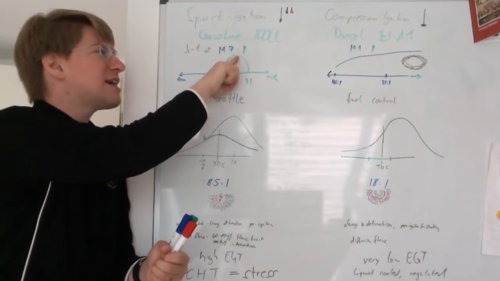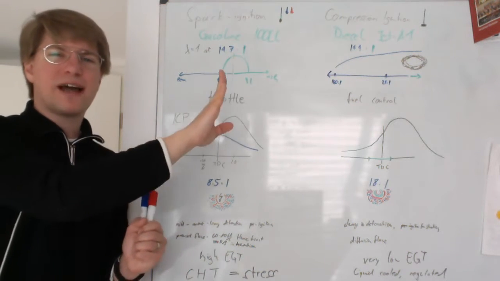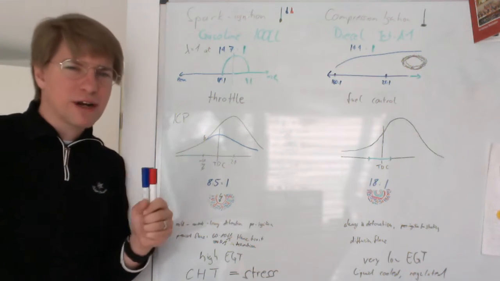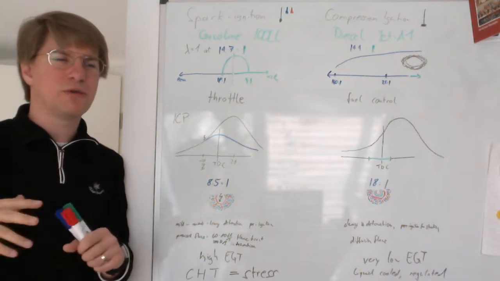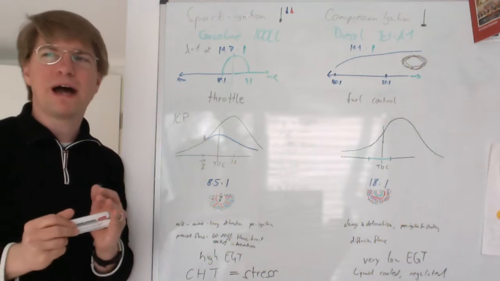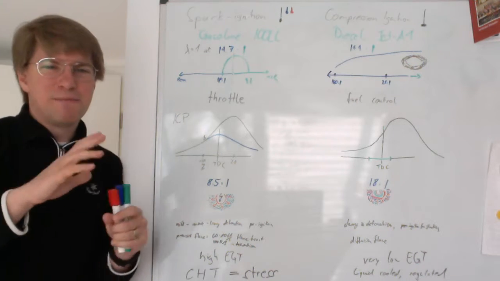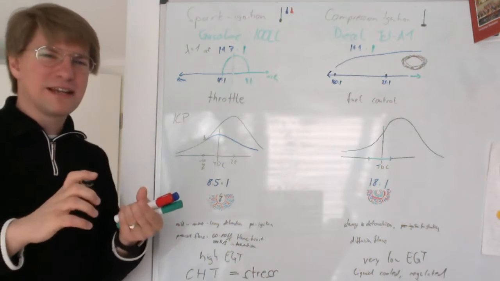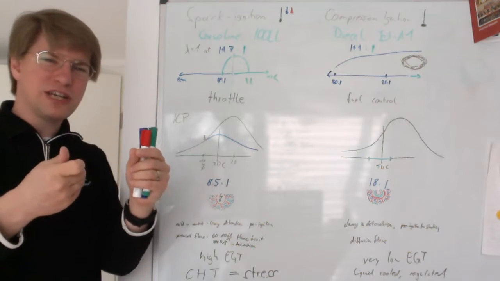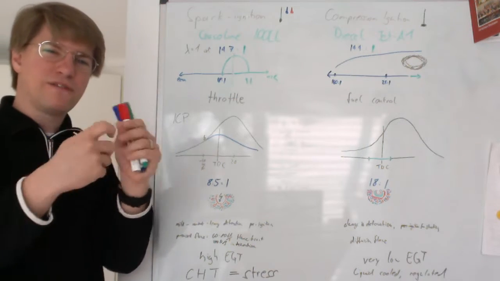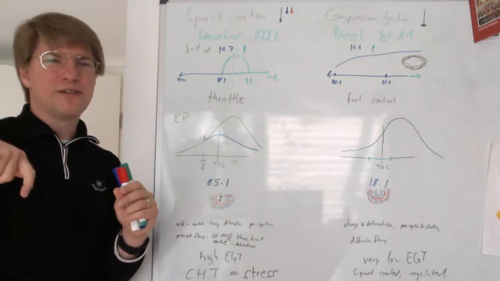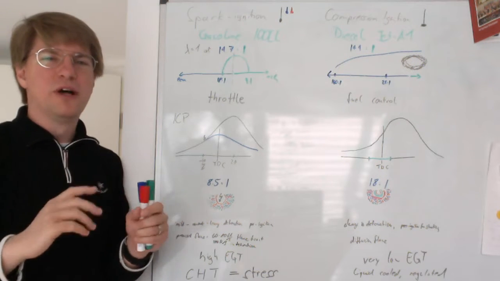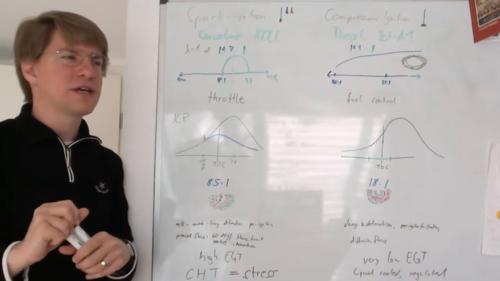And that is somewhere on the rich side of the 14.7 to 1. Theoretically, at 14.7 to 1, you would get the absolute maximum power. In practice, the mixture is not perfect in the cylinder, so you cannot really achieve this. Not every molecule of fuel finds a molecule of oxygen. You need a little bit more fuel so that no oxygen goes unused.